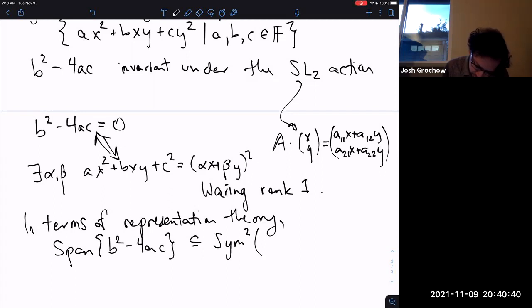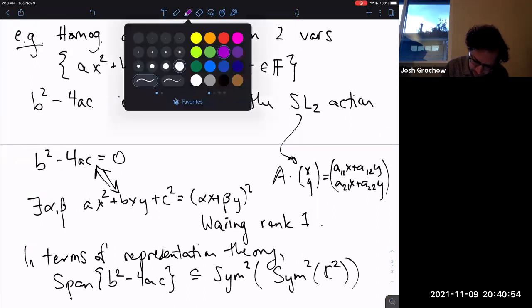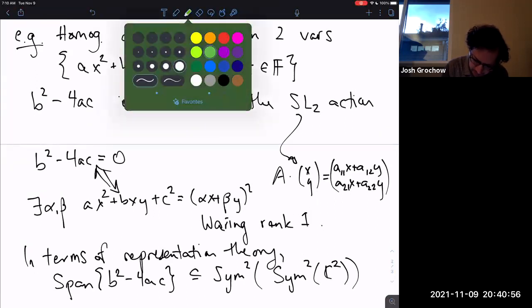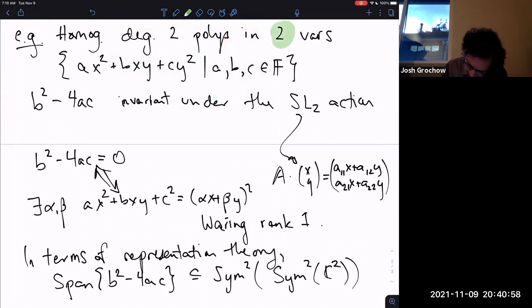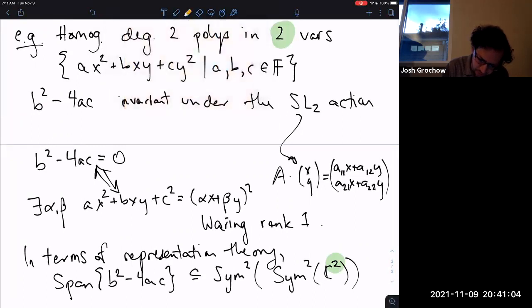degree 2 polynomials on degree 2 polynomials in 2 variables. So there are lots of 2's floating around here. So let's say which is which. So the 2 variables corresponds to this 2. The fact that we're doing the space of degree 2 polynomials, so this 2 is this 2.